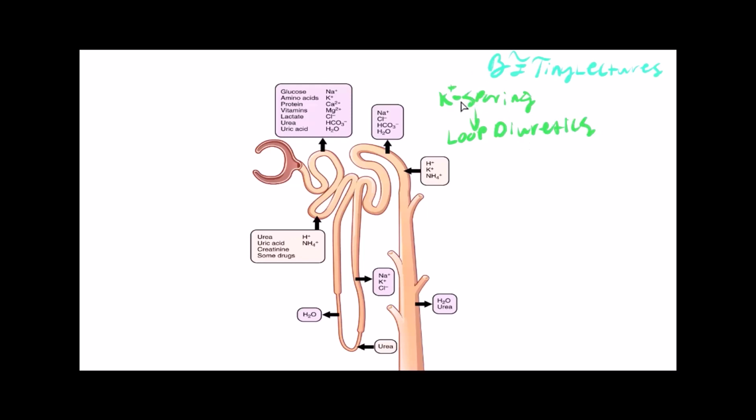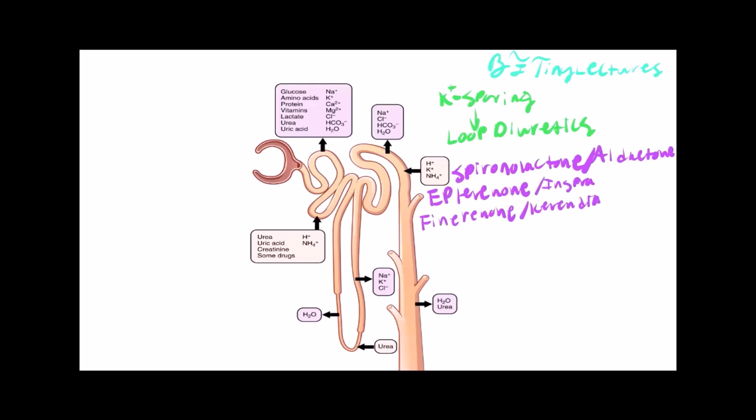Here are some potassium-sparing diuretics that you may see. You'll always be looking at spironolactone, and the brand name for spironolactone is Aldactone. Aldactone is going to inhibit the sodium-potassium ATPase channels.